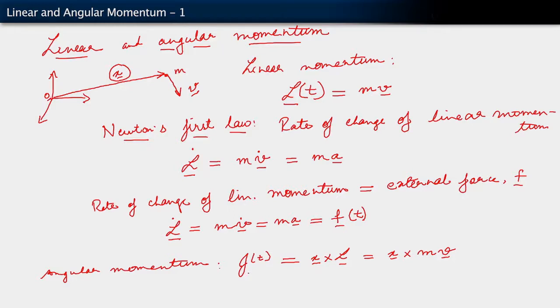So we're going to denote this as J naught. It's also a vector. That is our angular momentum.